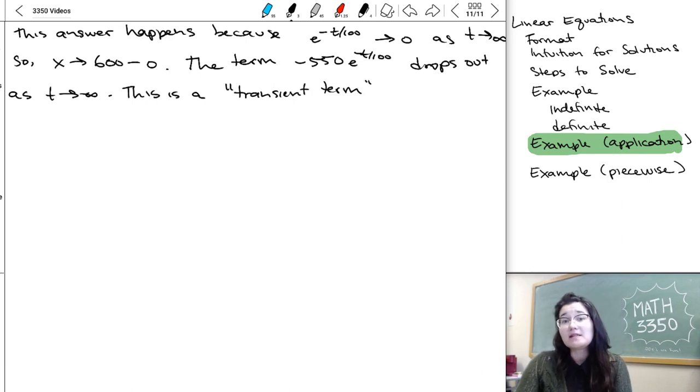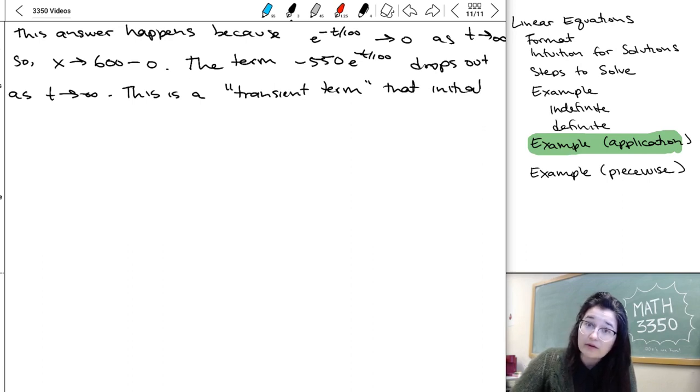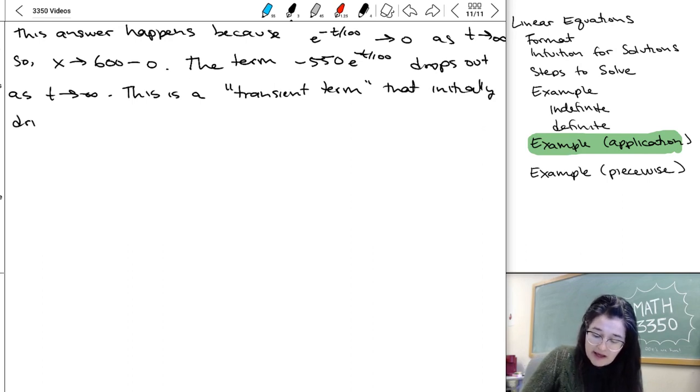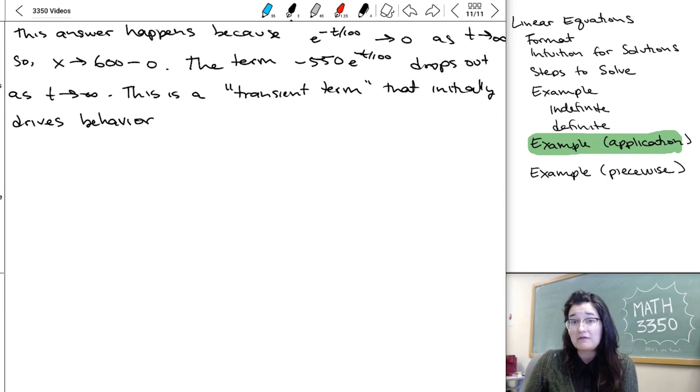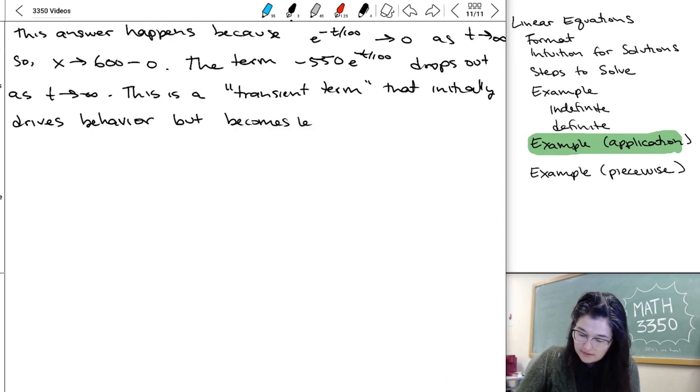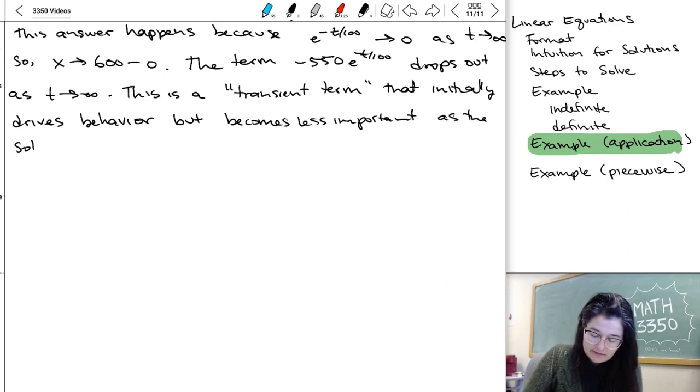And what that means is that it initially is important and drives behavior of your solution. So exponentials, they're very big functions usually, so it's doing a lot. But then it becomes less important as the solution goes to equilibrium.